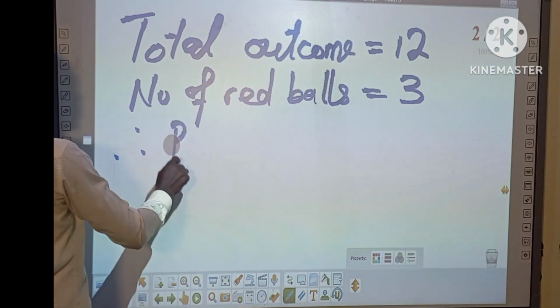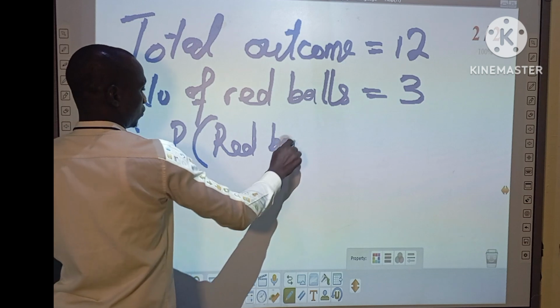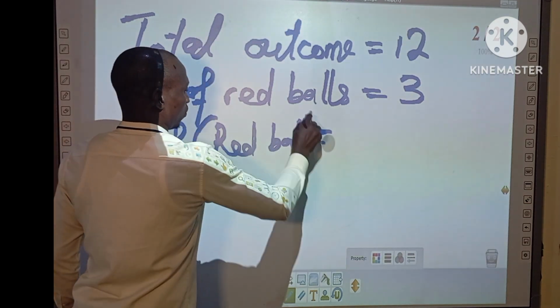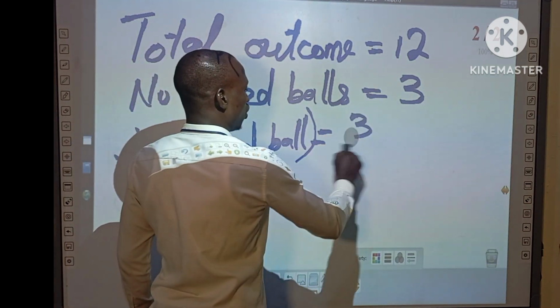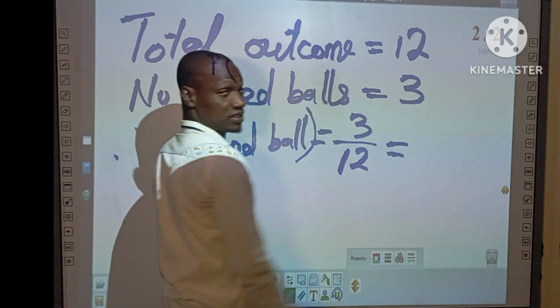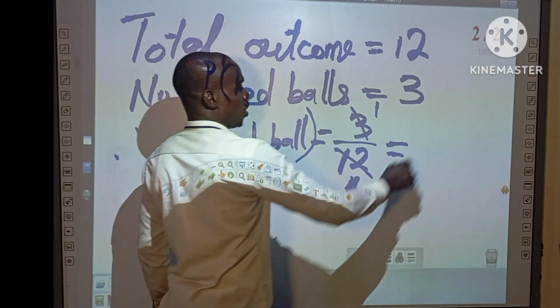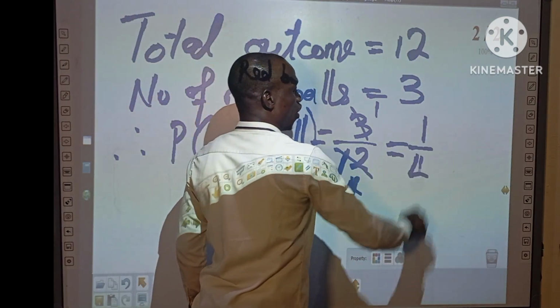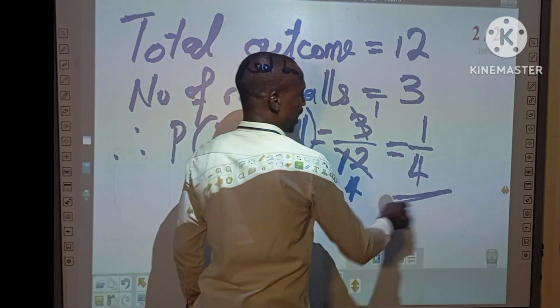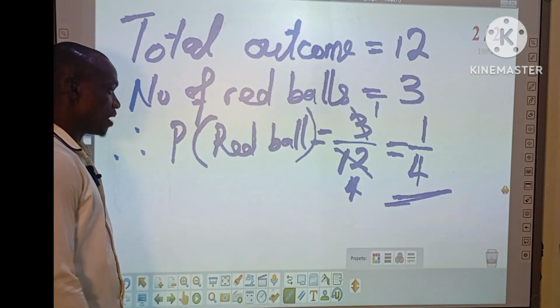Therefore, probability of picking a red ball will be equal to 3 over 12, which can be written as 3 here 1, 3 here gives us what? 4, as 1 over 4. It is unlikely that we will pick a red ball from the bag.